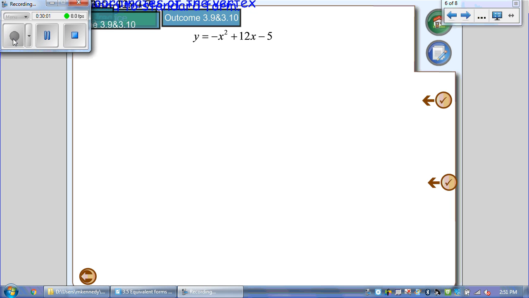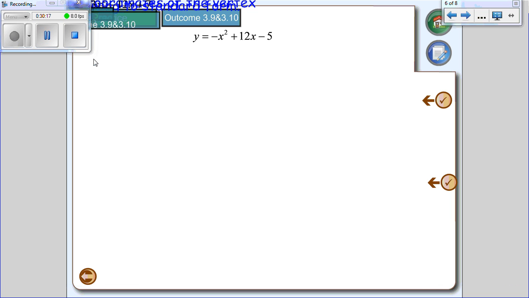So right off the bat, I could change this to negative y is equal to x squared minus 12x plus 5, which gives you an a value of 1.